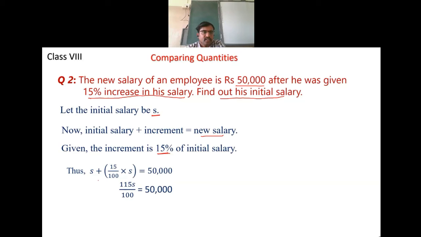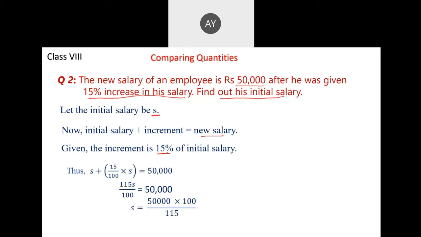So when we calculate this, the LCM is 100. We get 115X equal to 50,000. We will find the value of X. X will be 50,000 into 100 by 115. Let us simplify this. This is divisible by 5, 2 times, 5 3 times.